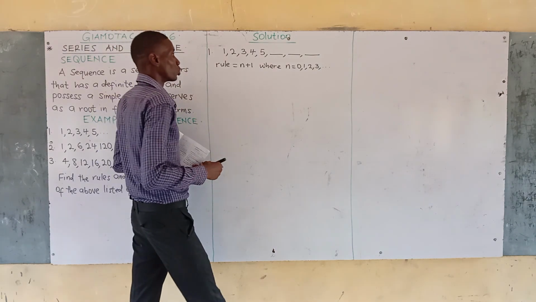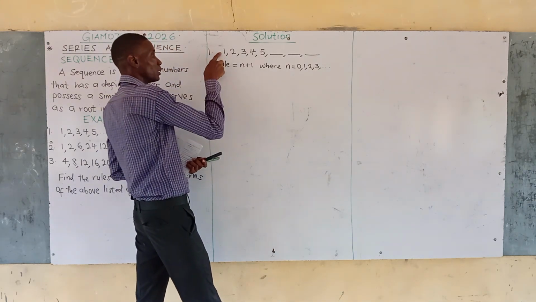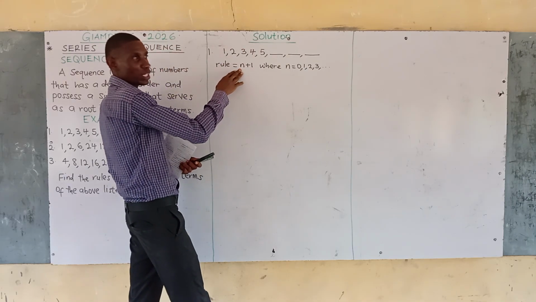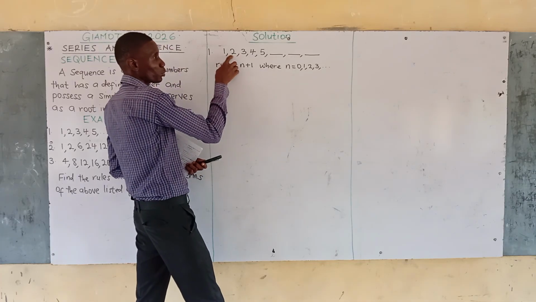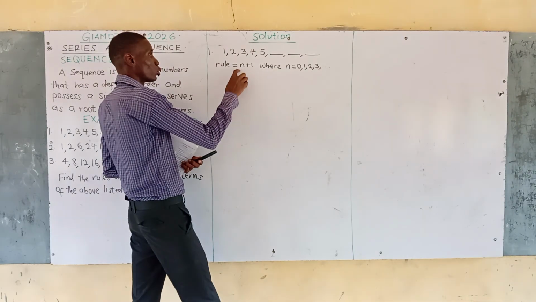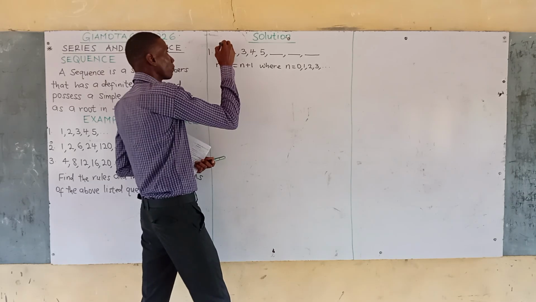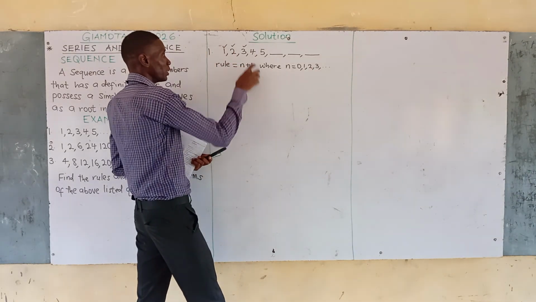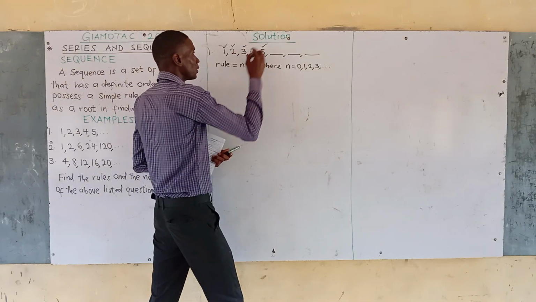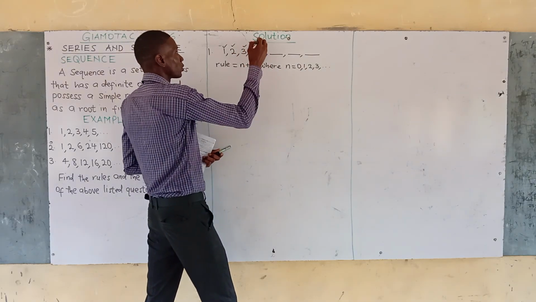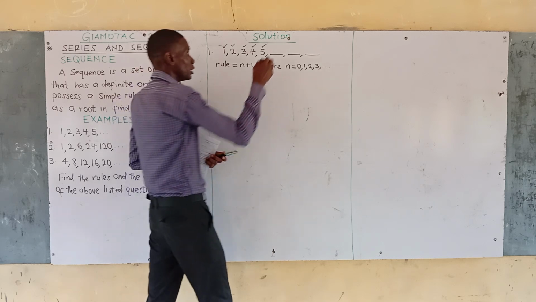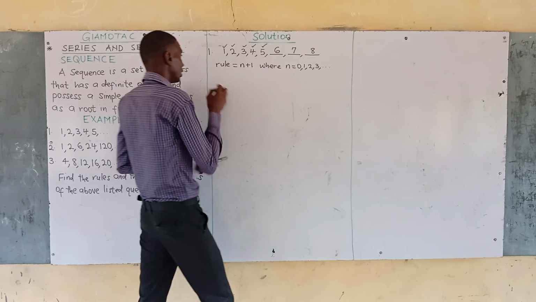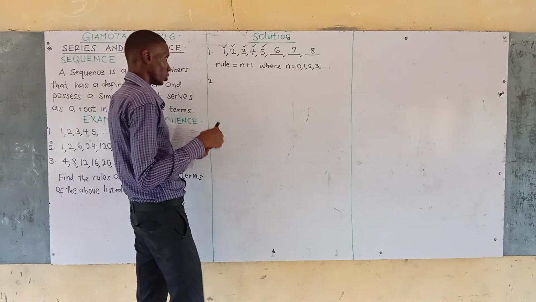Now let's see if this is true. When n is 0, 0 plus 1 is 1. When n is 1, 1 plus 1 is 2. When n is 2, 2 plus 1 is 3. When n is 3, 3 plus 1 gives us 4, and when n is 4, 4 plus 1 is 5. This implies that the next terms will be 6, 7, and 8.